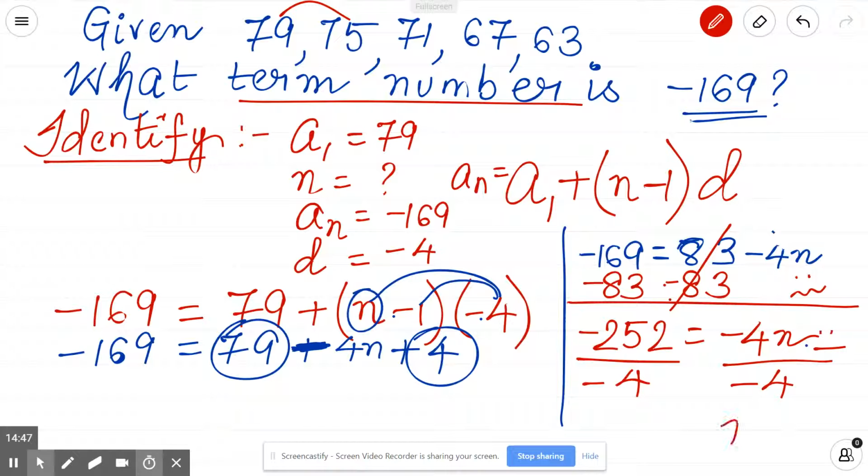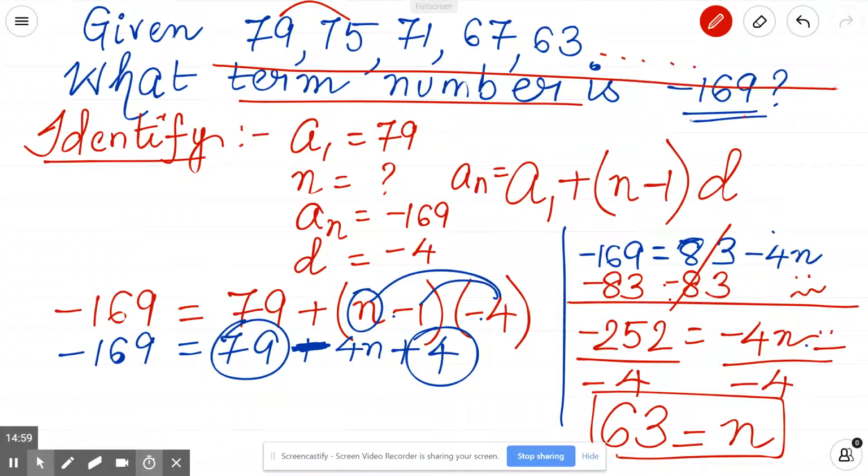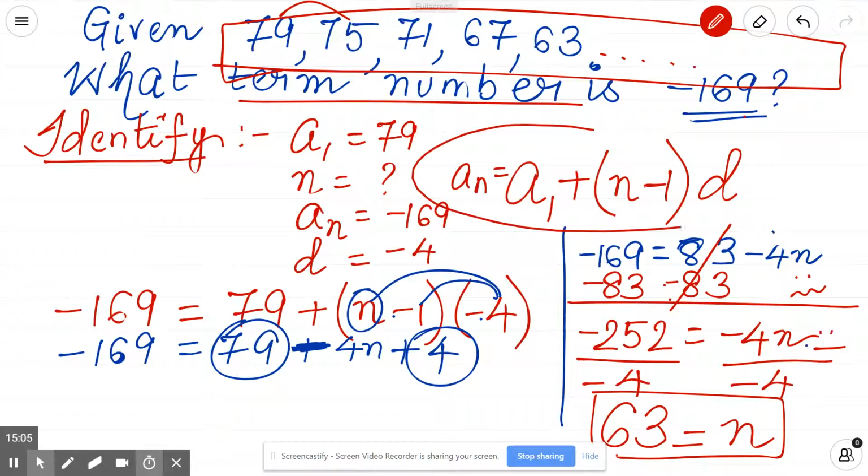We need to make n happy. And n equals 63. So that means negative 169, as we keep going, is the 63rd term at the end of this sequence here. So any question they ask you about the term can be answered by this given formula.